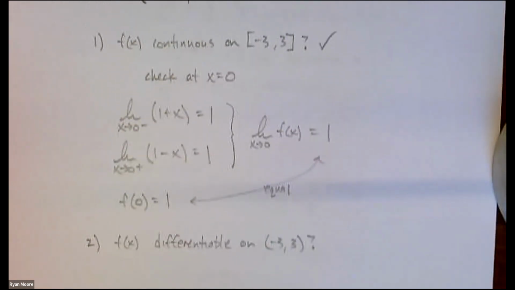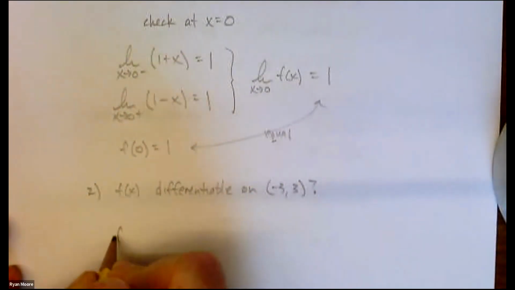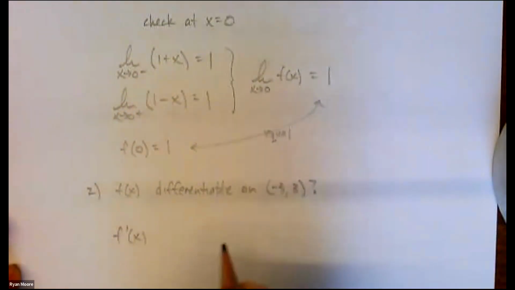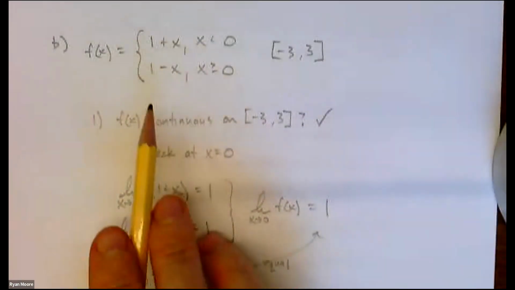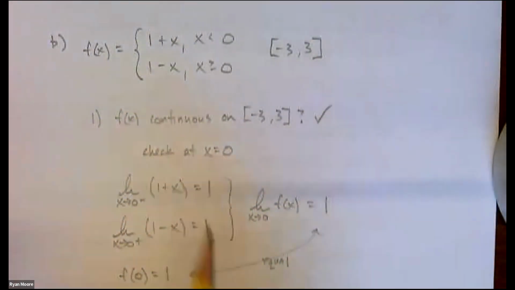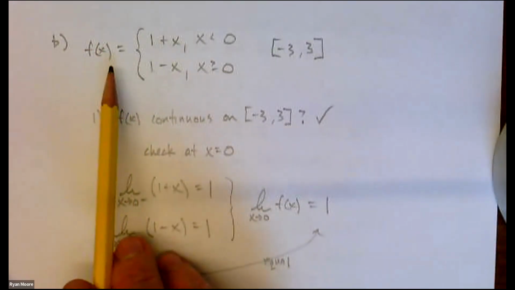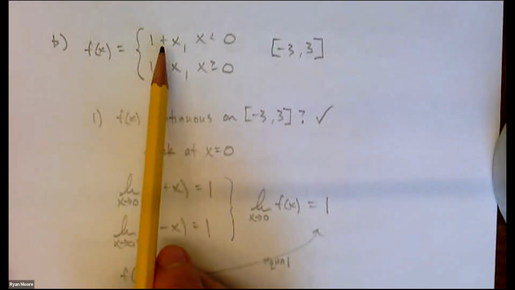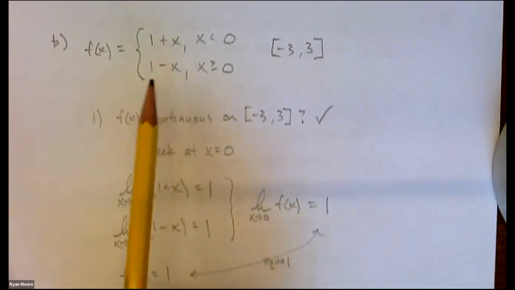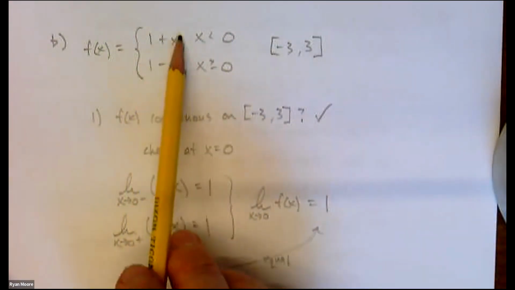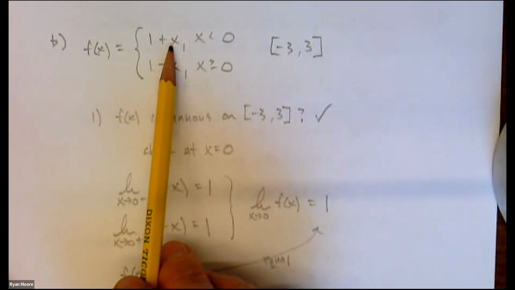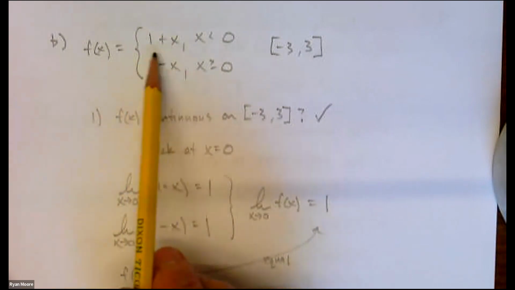If you took f prime, we never did derivatives of piecewise functions. It's not anything all that difficult to do. You just take the derivative of both pieces separately. So the derivative of this first piece would be 1, but the derivative of this other piece would be negative 1.